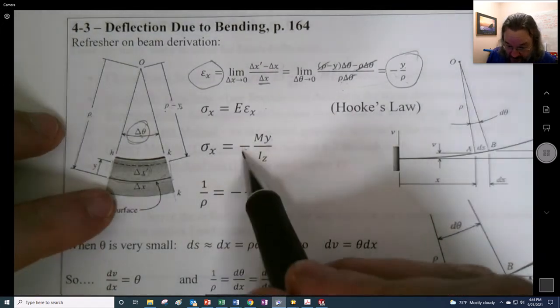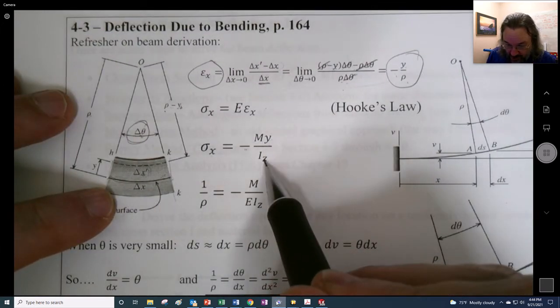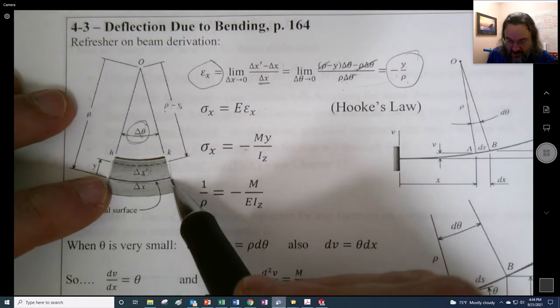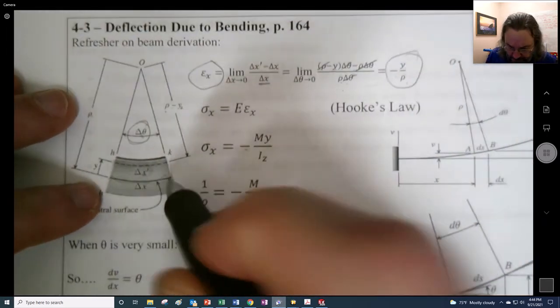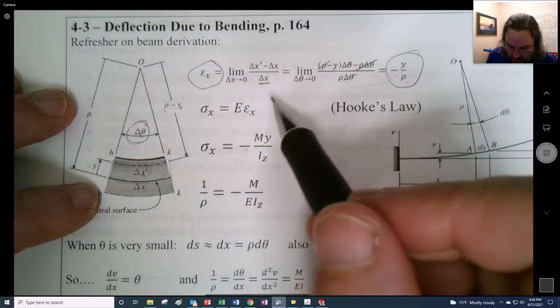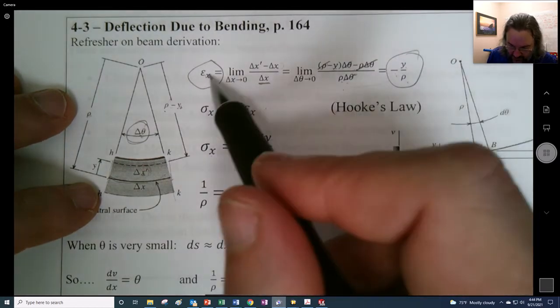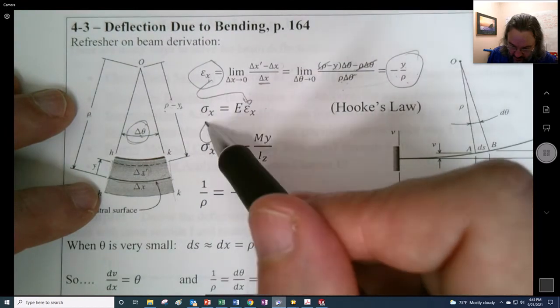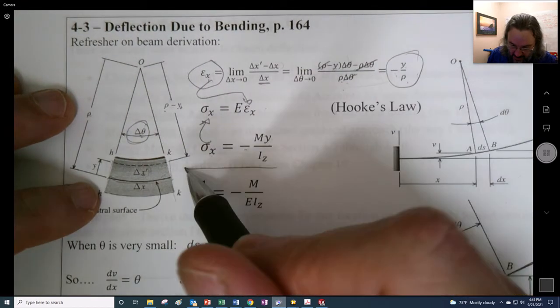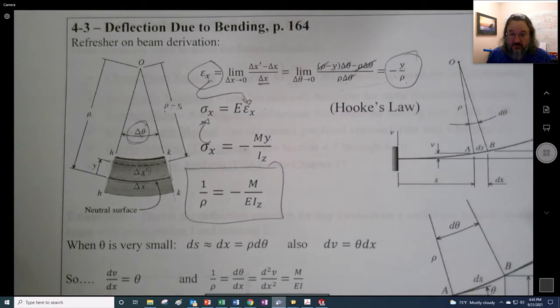So we can say that it's going to be My over I, right? And that I is about the axis that's coming through into the page. So with these three statements thrown into there, and this thrown into there, we have this statement, which so far is nothing new.